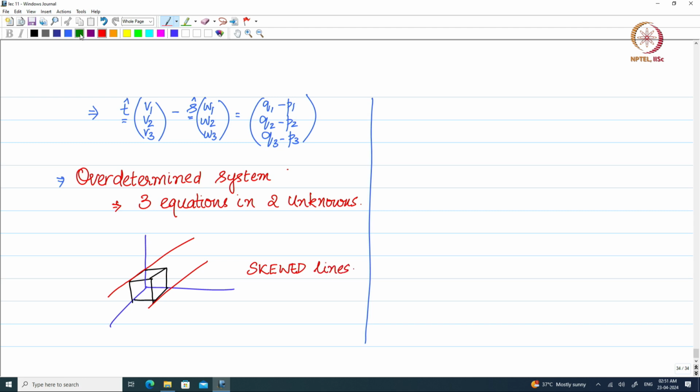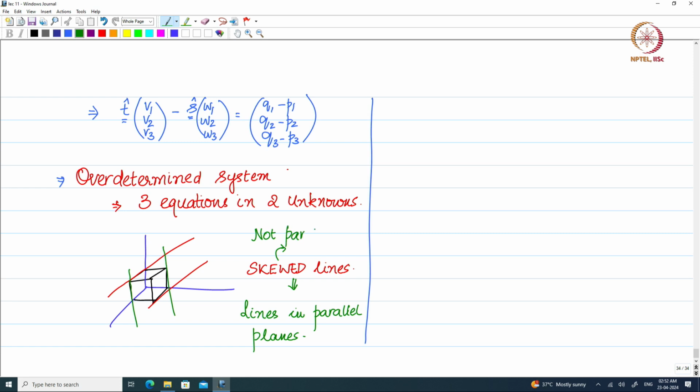For example, there could be another line which is basically here and another line which could be here. So, these are basically lines which are in parallel planes. And these are not parallel lines.